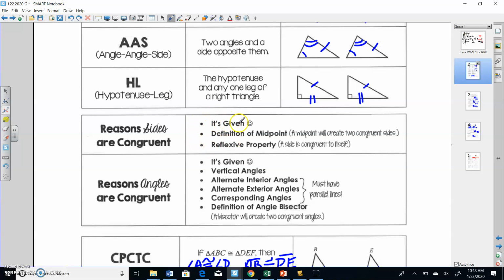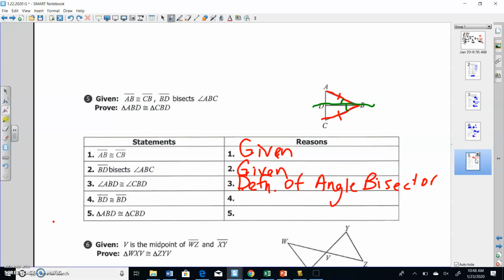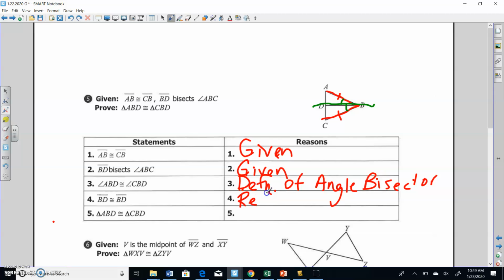Either it's given to us, it's the definition of a midpoint, or it's the reflexive property. And do we have any information about it being a midpoint? No, they share the same side, so that is reflexive. So that's what you're going to put here: reflexive property. And then I'm going to put 2 marks there.